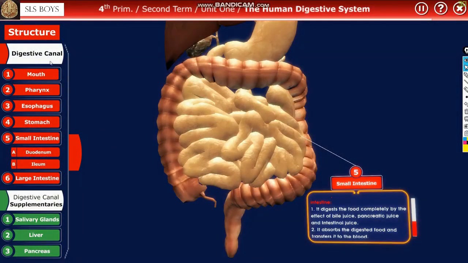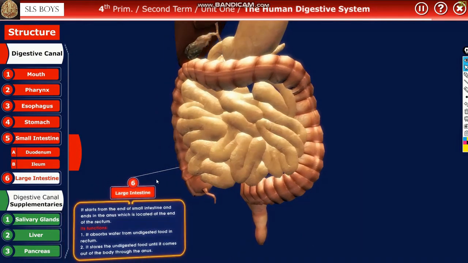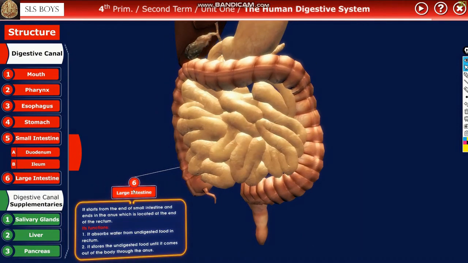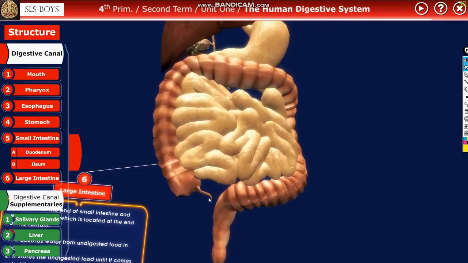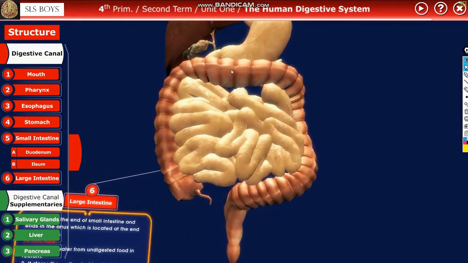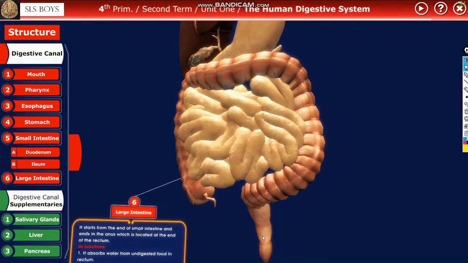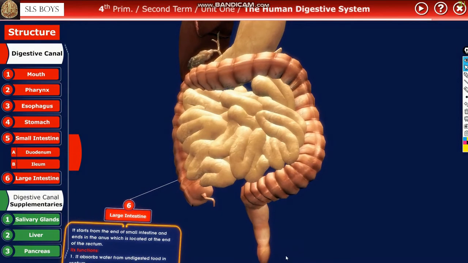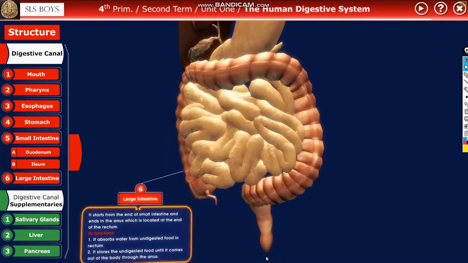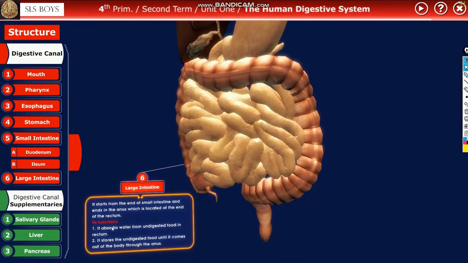The last part of the digestive canal is the large intestine. It starts from the end of the small intestine and ends in the anus, which is located at the end of the rectum. This is the large intestine. And here is the rectum and the anus. Its functions: it absorbs water from the undigested food in the rectum.